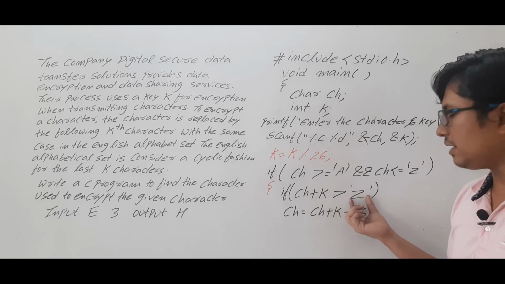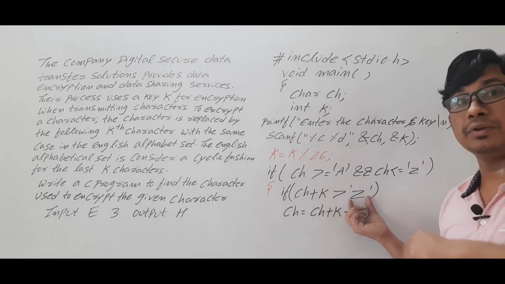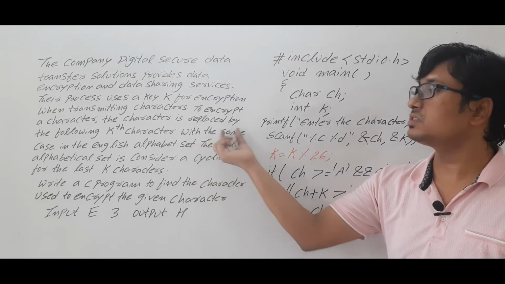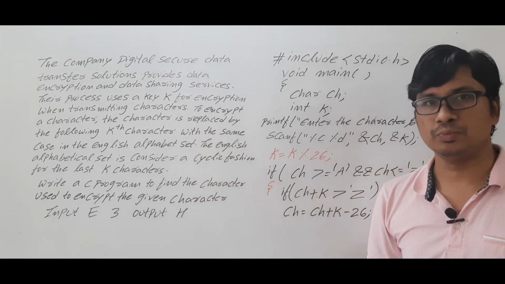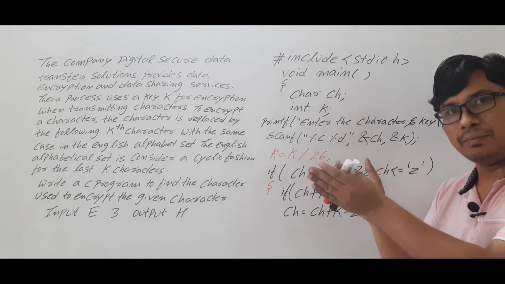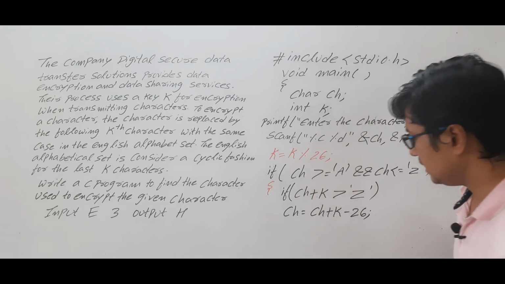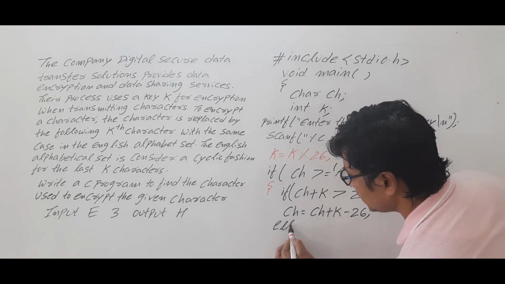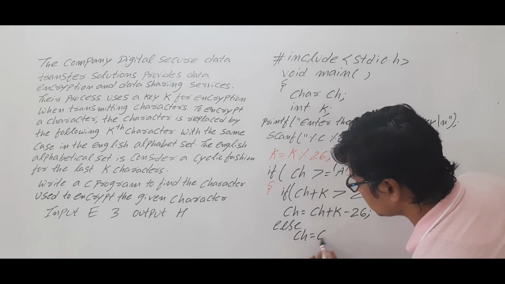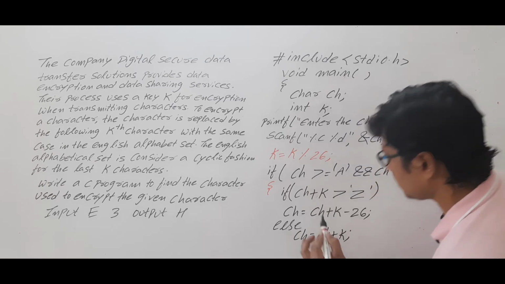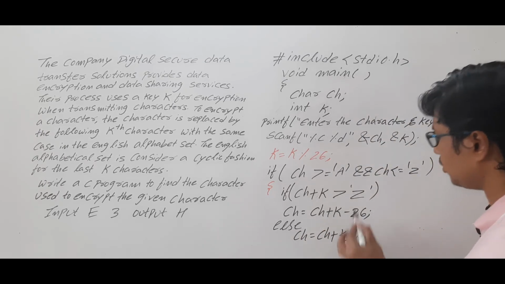And why am I checking whether it is greater than capital Z? Because you want the same case in the given output also. After reaching capital Z, you should not go to the next characters. Is it clear? Else, ch is equal to ch plus k. Okay, you close this if block.